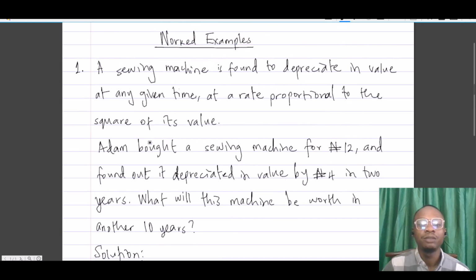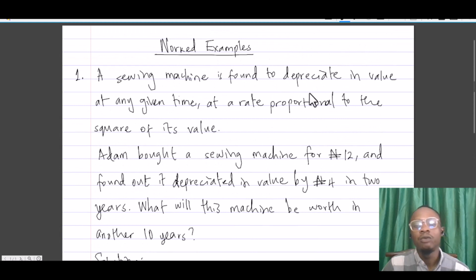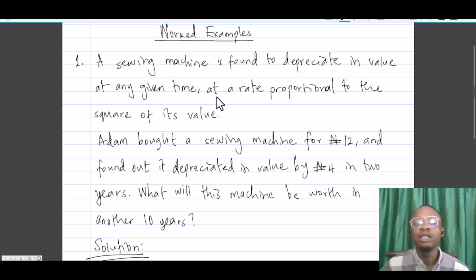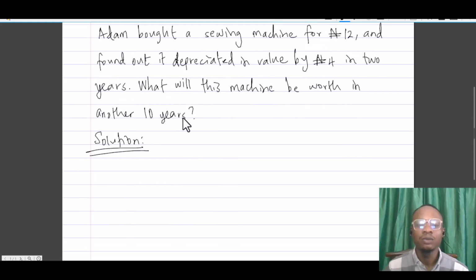So the first part says you have a sewing machine which is found to depreciate in value at any given time. That means it doesn't matter the time difference, any time at all you're observing its rate of depreciation. It is depreciating at a rate that is proportional to the square of its value. So the value is what is depreciating, which means the value is changing.